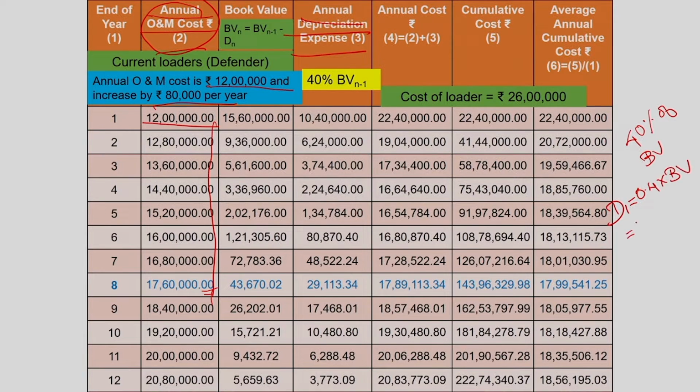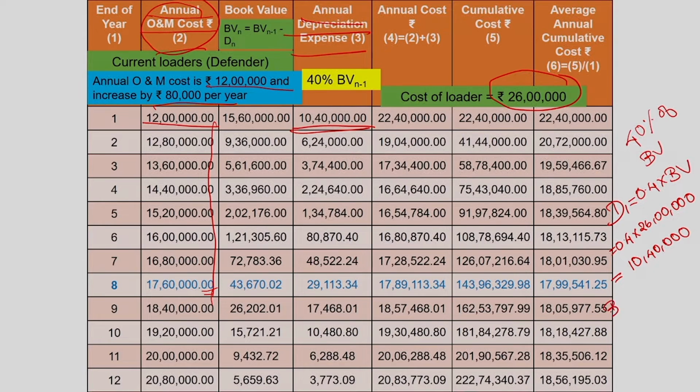At the beginning of the first year, the book value is nothing but the cost of the loader, 26 lakh. 0.4 into 26 lakh gives you the depreciation as 10 lakh 40,000 for the first year.